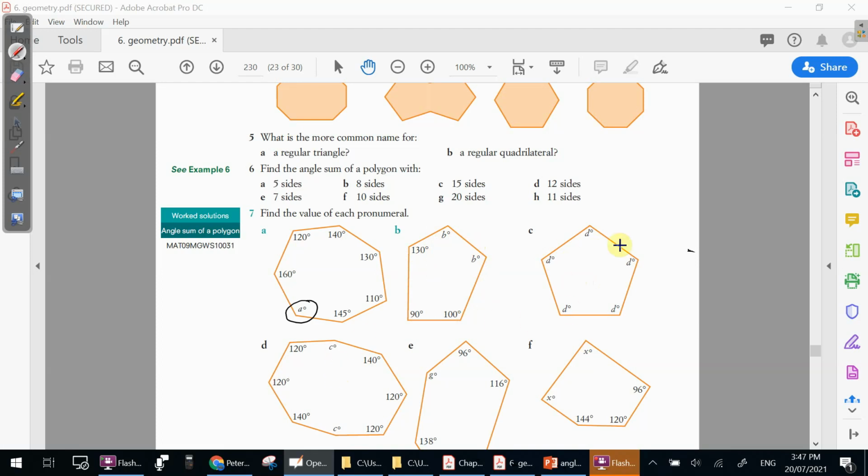So count the number of sides, work out what the angle sum should be, and then find out the missing amount, and that'll be according to the pronumeral. Some of these have got equal divided, like this one is. This one is by itself, and so is this one. So that's how you do question 7.